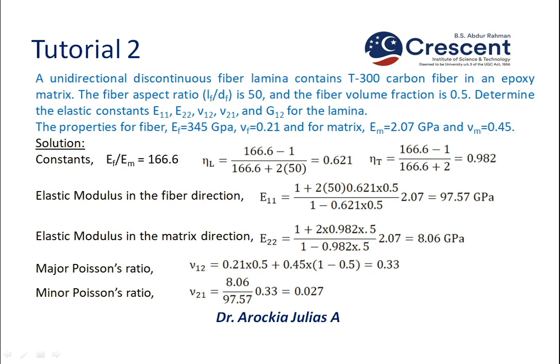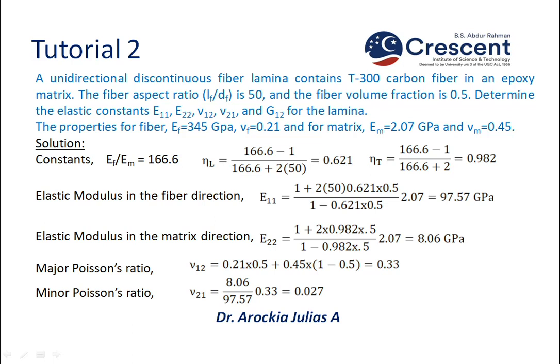Now E22, again the formula is E22 equal to (1 plus 2 into neta T into Vf) divided by (1 minus neta T into Vf) into Em. So substituting the values, all the values we know, we are getting the answer as E22 equal to 8.06 GPa.